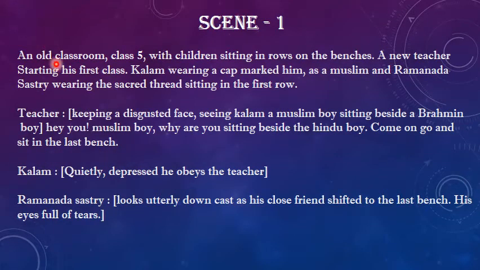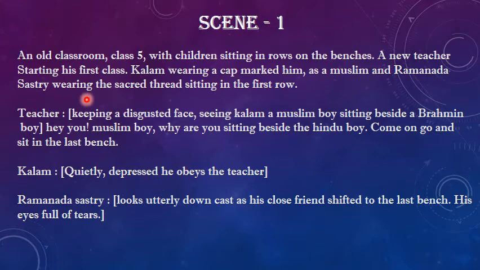Now, scene 1. It's an old classroom, class 5, with children sitting in rows on the benches. A new teacher starting his first class. Kalam, wearing a cap, marked him as a Muslim, and Ramanatha Shastri, wearing the sacred thread, sitting in the first row. Children, you know, Muslim boys, Muslim men wear some type of netted cloth caps like that.